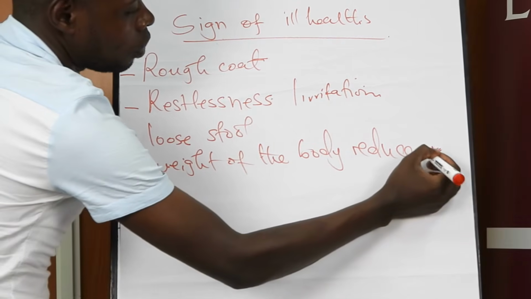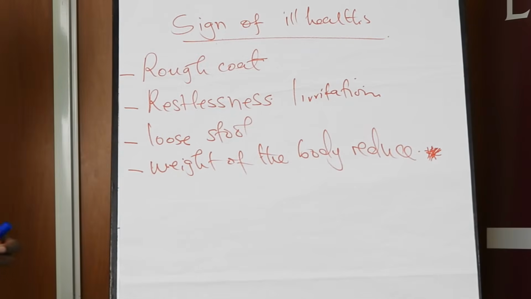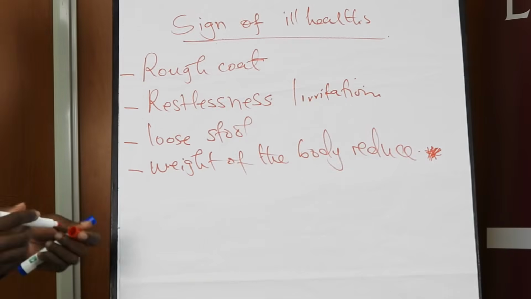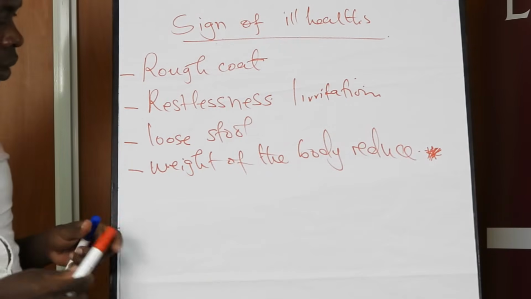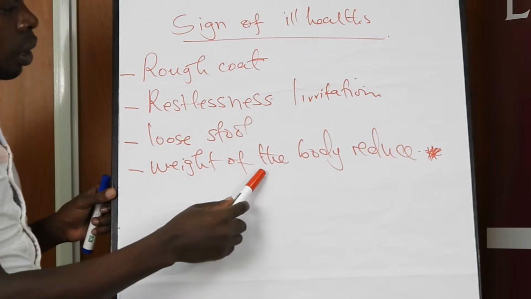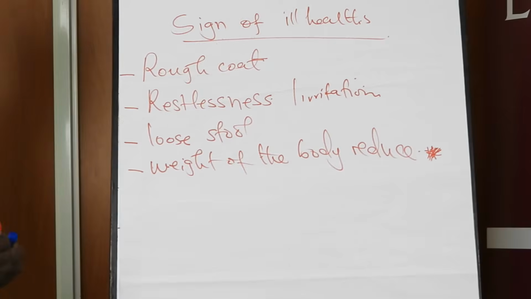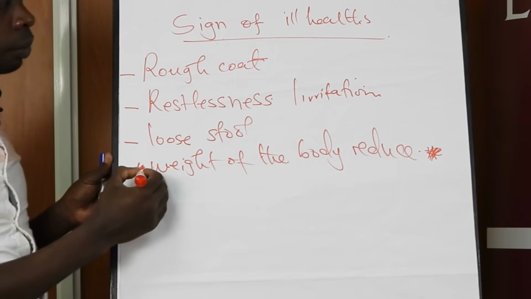And a point to note, you can be asked, which one of the following is not an immediate sign of animals attacked by the parasite? It is the loss of body weight. So it is not an immediate effect.